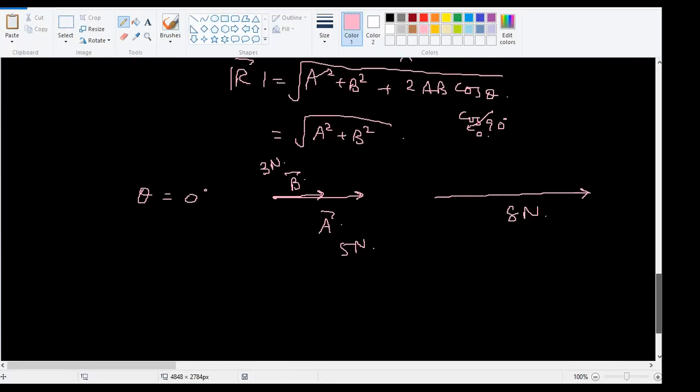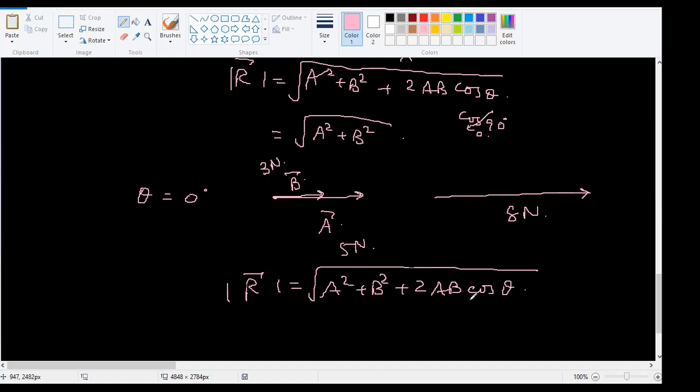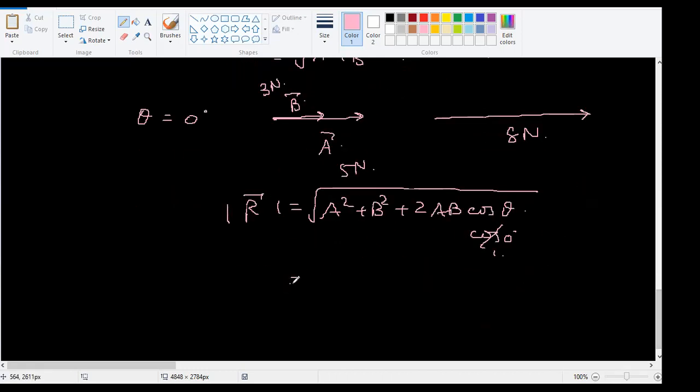Let's see if this formula gives you the correct answer. The R magnitude is equal to square root of A squared plus B squared plus 2AB cos theta. Cos 0 is 1, which means A squared plus B squared plus 2AB becomes A plus B the whole square.